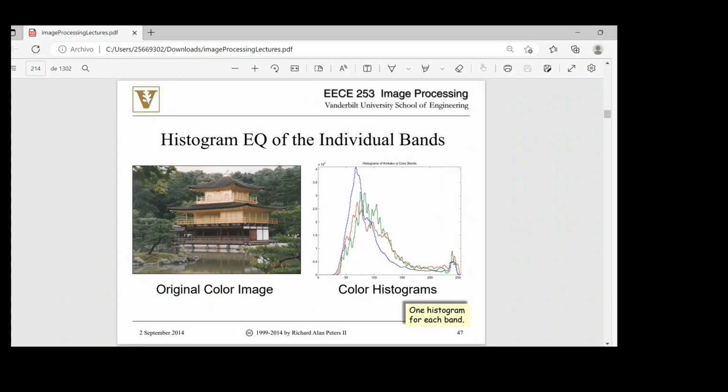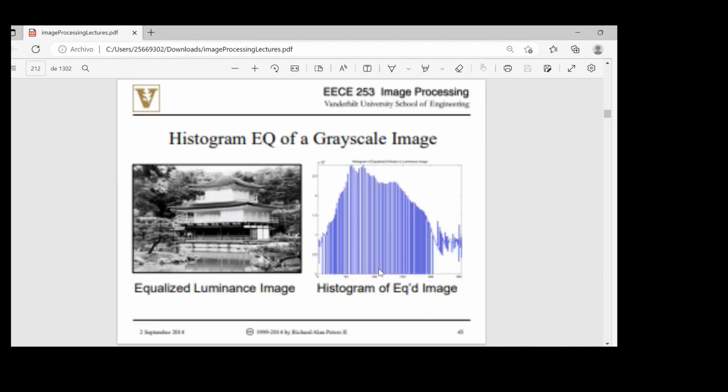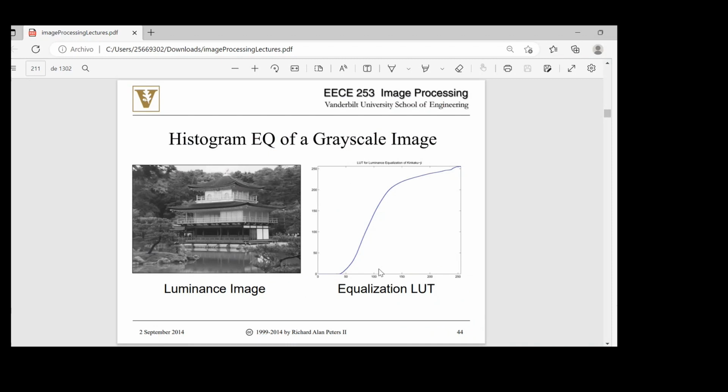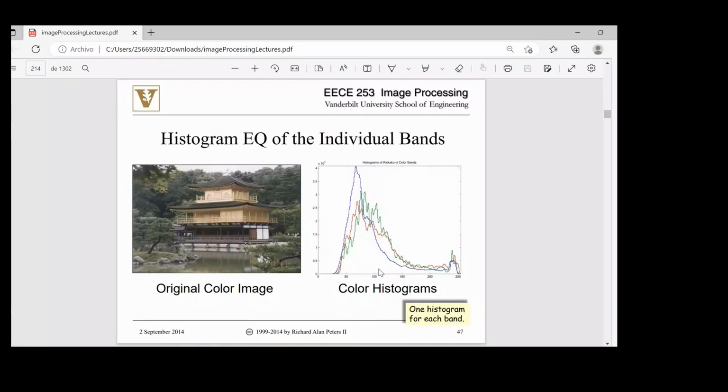Okay, so we were here. So we were saying, okay, so I can learn the transformation in one of the spaces. So I can learn the transformation in the luminance space, and then I can apply it to any other space.